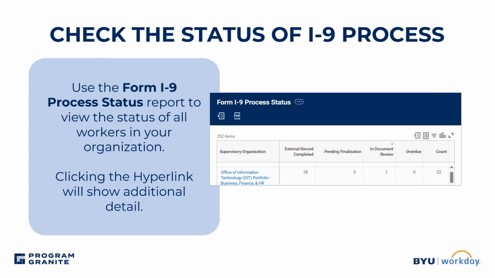The one I pulled today was for OIT, okay? It's just giving you a quick report card, a summary view of all the things. Okay, we're going to look at the other way that you can take a look at the status of an I-9 process. That's a more detailed view for an individual, and we'll talk about that in a minute. Okay.